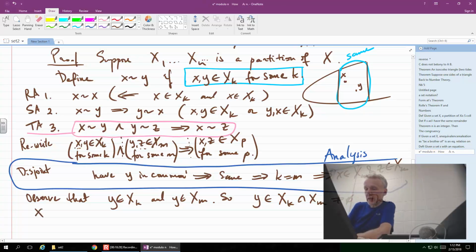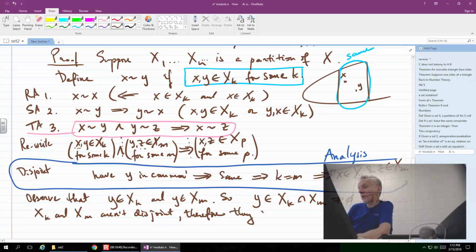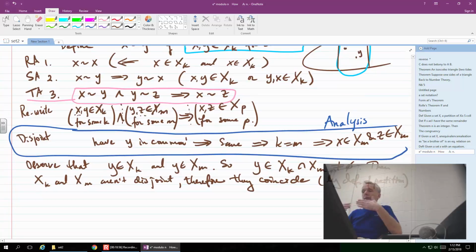So X sub k and X sub m aren't disjoint. Therefore, they coincide by definition of partition. So in a partition, either they intersect or they coincide. It's either the same set or entirely unrelated sets.